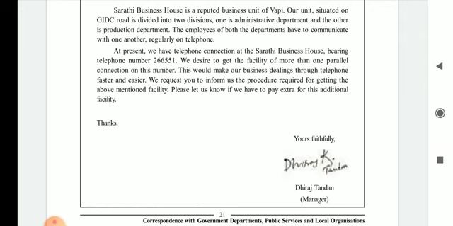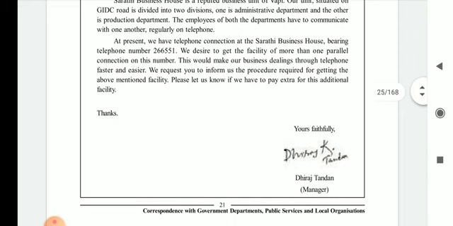Please let us know if we have to pay extra for this additional facility. They also mention that if BSNL wants some extra charges for the same, Sarthi Business House is ready to pay some extra charges, but they want to get this facility, and this is sure.